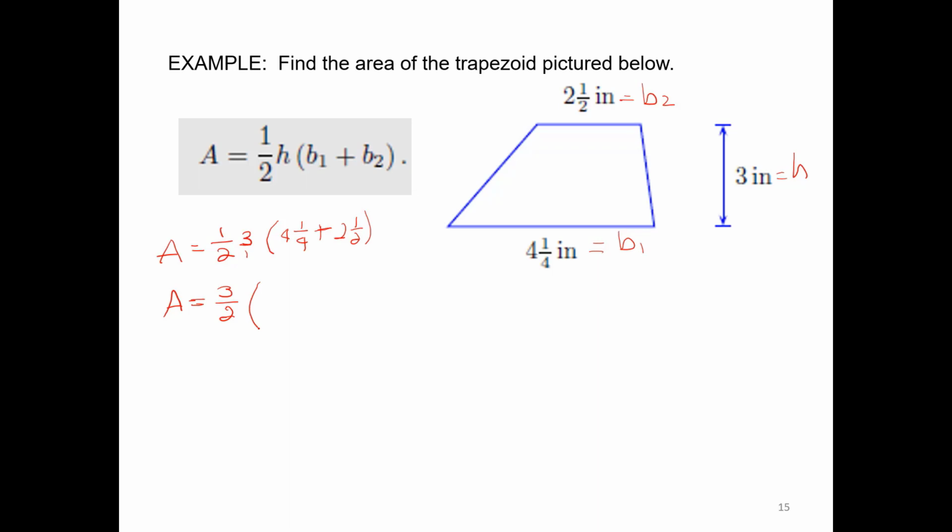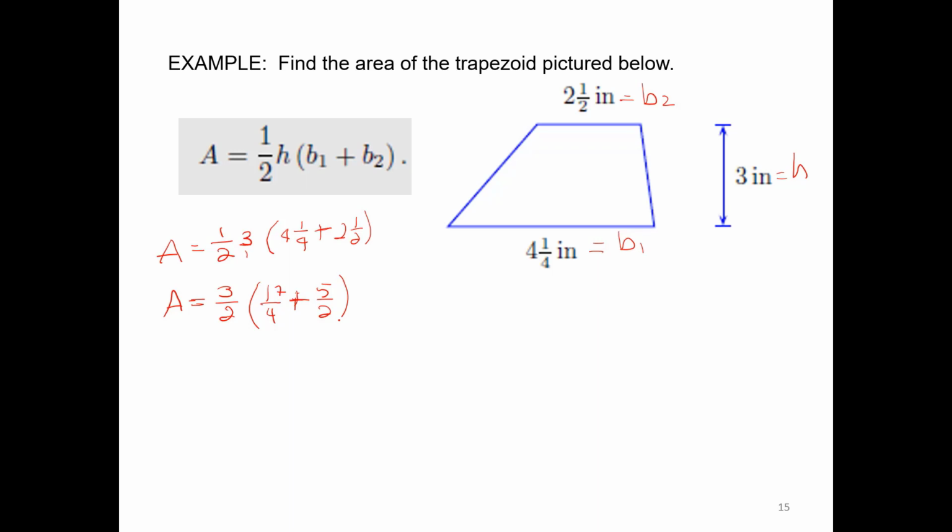Now we need to add these mixed numbers together, and you can do it either way. Let's convert them into improper fractions and then add them together. 4 times 4 is 16 plus 1 is 17 over 4, plus 2 times 2 is 4 plus 1 is 5 over 2.